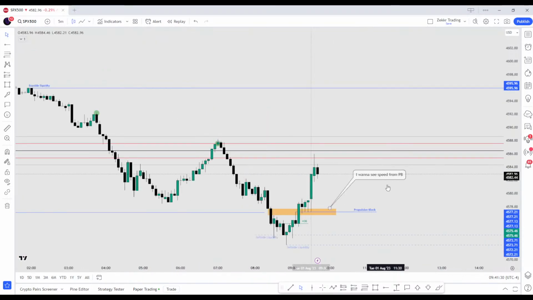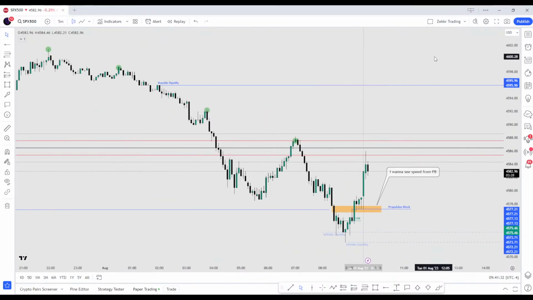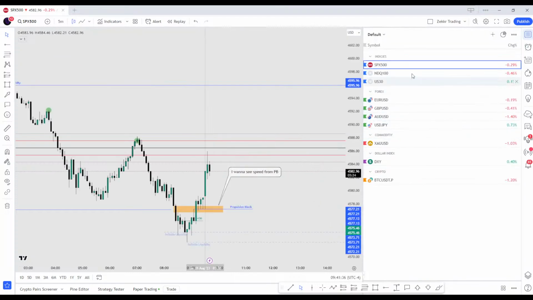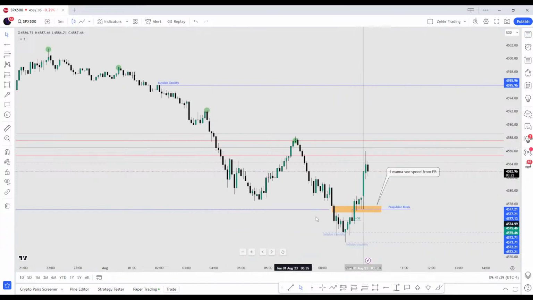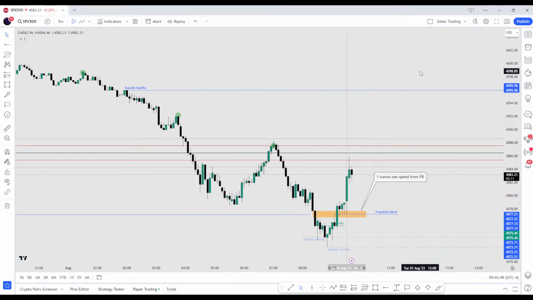I mainly focus on SPX, only one pair at a time, because I have every pair right here, but if you're trading all of them, you're just going to lose. It can't keep up. So I like to focus on one and one only. Keep that in mind. Have every level, have all the levels.